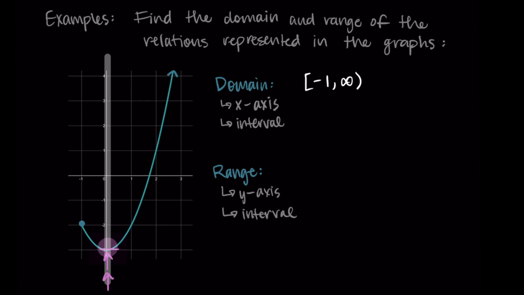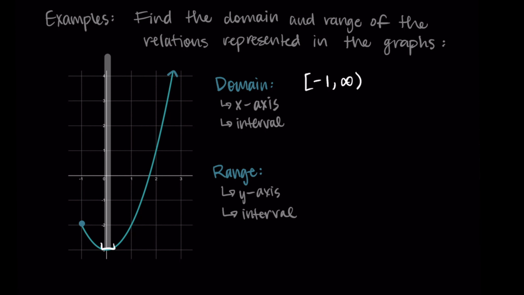We have points on the graph. So this is where our range is going to begin. I'm going to use a bracket since at -3 there is a point. Our point is (0, -3). So -3 is in our range, and that's where I'm starting my interval. Then as I continue to go up, we'll see that all of the y values going up have corresponding inputs. They're all on the graph.